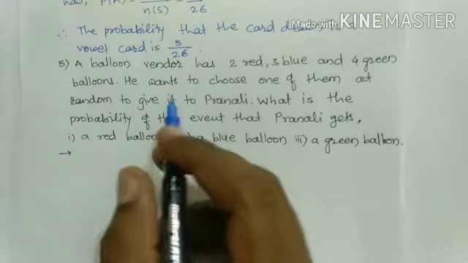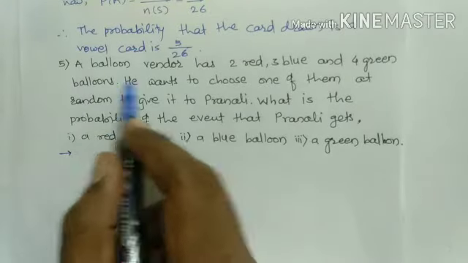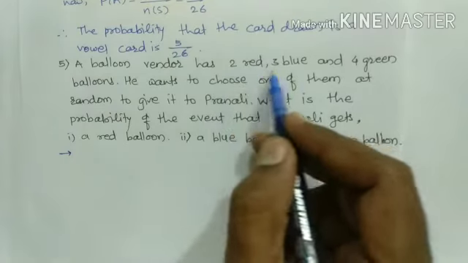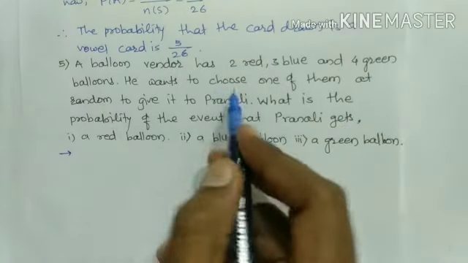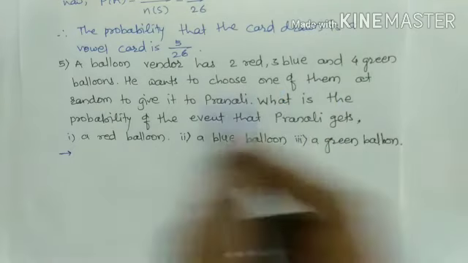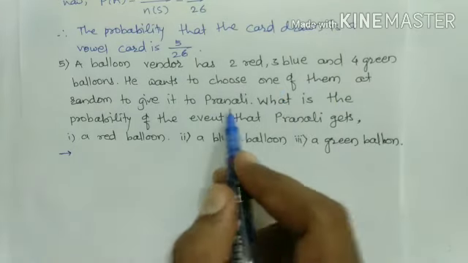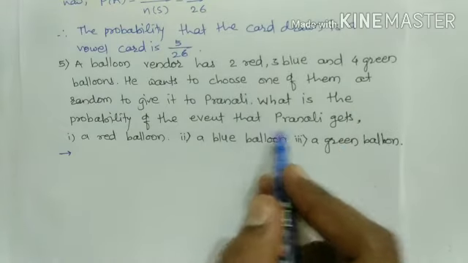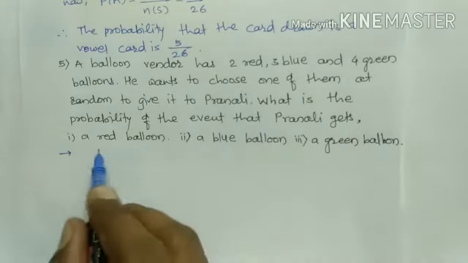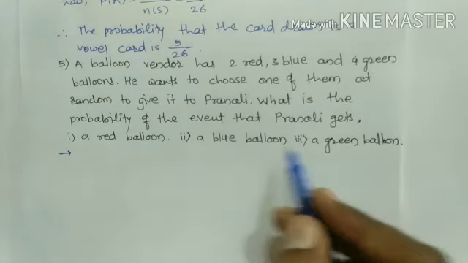Now the next question is question number 5. A balloon vendor has 2 red, 3 blue and 4 green balloons. He wants to choose one of them at random to give it to Pranali. What is the probability of the event that Pranali gets a red balloon, a blue balloon and a green balloon?